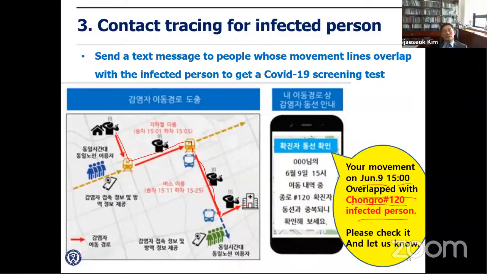So that means the government accesses everybody's movement using their smartphone. Using all of these methods, we isolated the infected person and also prevented further spread by finding close contact persons to take a screening test.